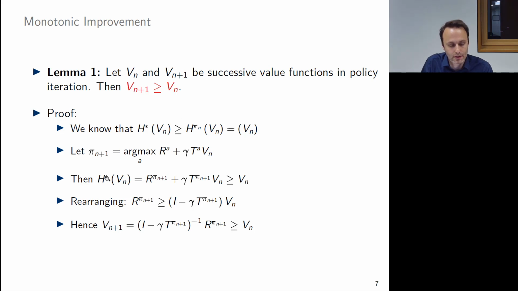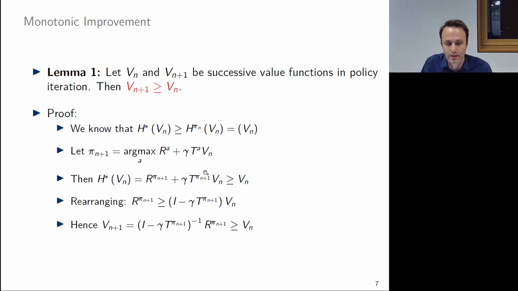So here this H star is then this reward vector for the policy pi n plus 1 plus this discount factor times the transition matrix for this pi n plus 1 times this Vn. And here we have Vn on the left-hand side and also on the right-hand side.